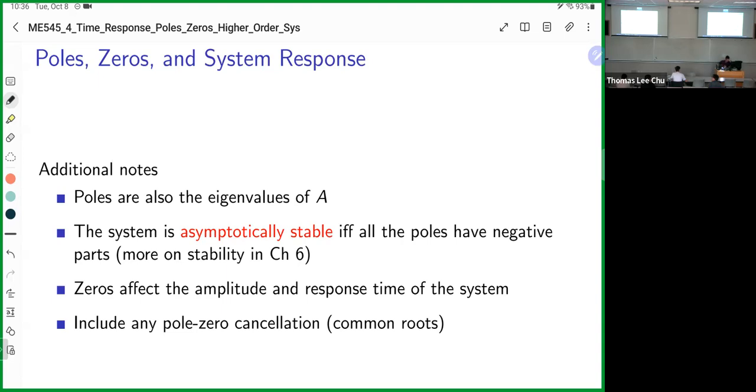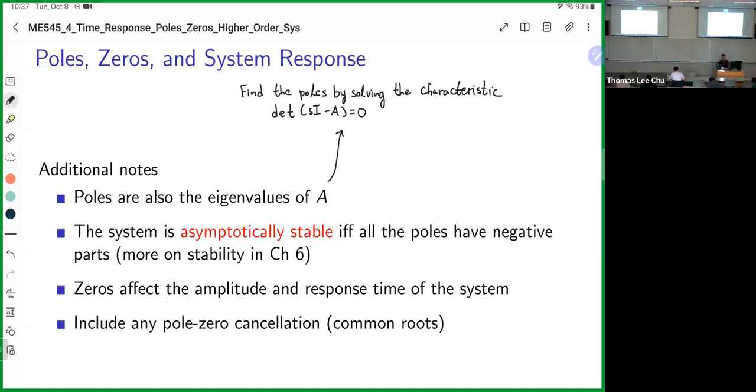One thing about the eigenvalues of A: instead of finding the transfer function, if you have the A matrix only, that's all you need to find the poles. You can find the poles by solving the characteristic equation, which is the determinant of sI minus A equals 0.